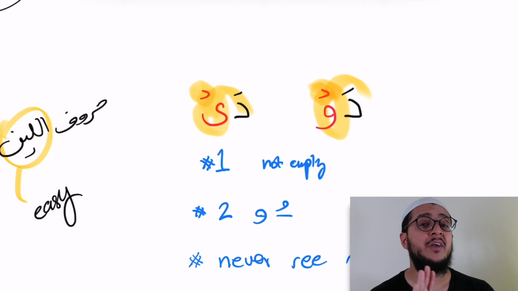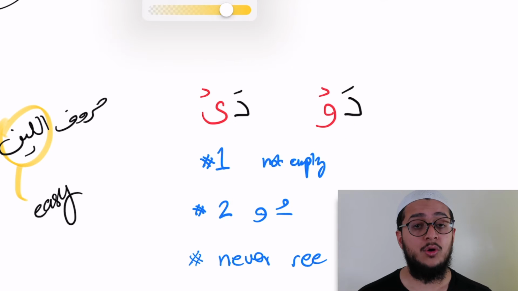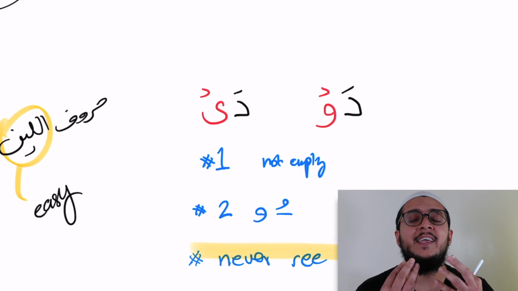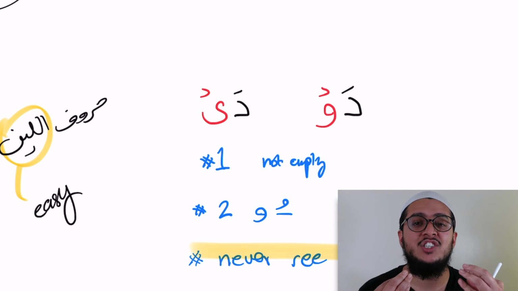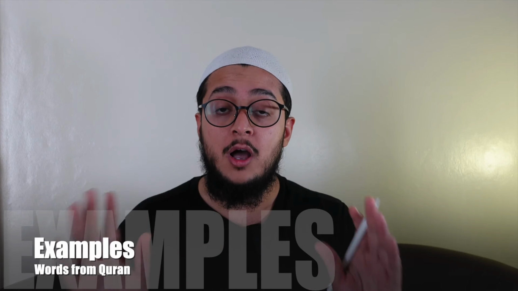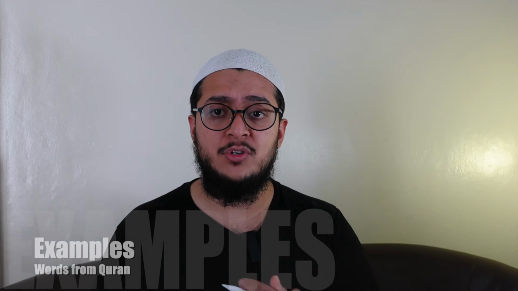Ya is not really coming after a letter with the kasra, otherwise it would be a stretching letter. Also, you would never see mad on top of them. So although leen letters are easy and sometimes they're stretched, you would never see mad on top of them. Now, rather than going to some basic examples and treating you guys like small little kids, I'm going to go straight to Quran and give you guys some tough examples.